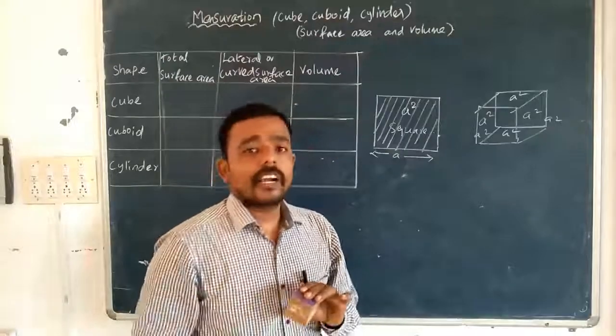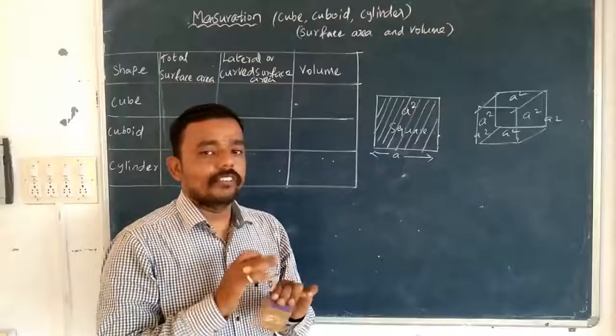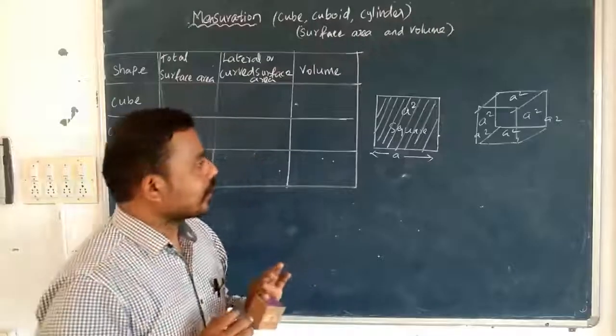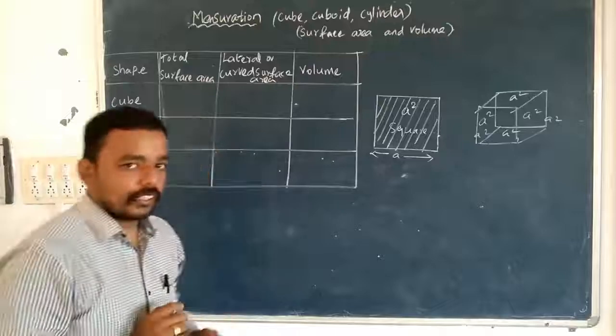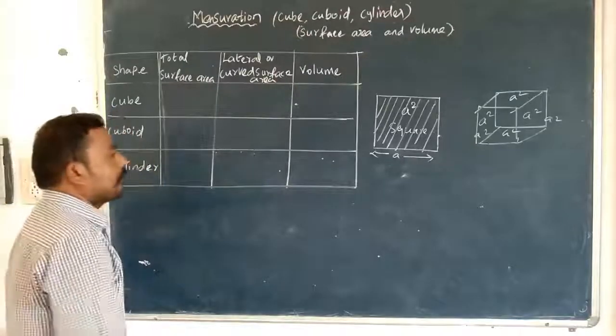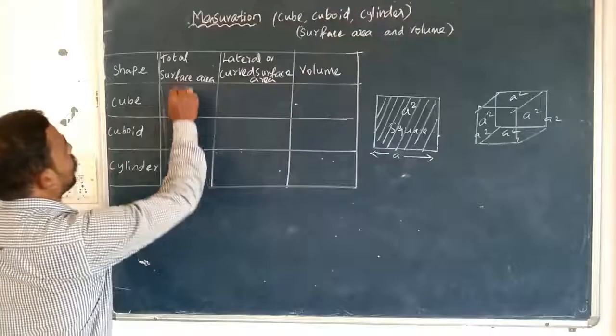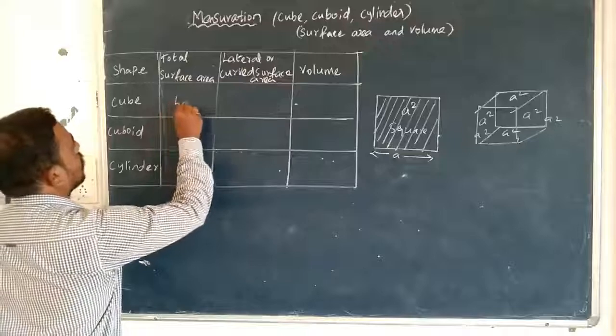So we are going to collect these six sides as the surface area of the cube. We study the surface area of the cube by using the six closed square forms. So we have the relation between square and cube. The total surface area of this one is 6A square.